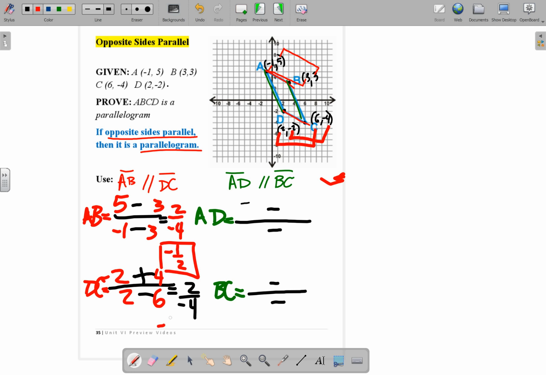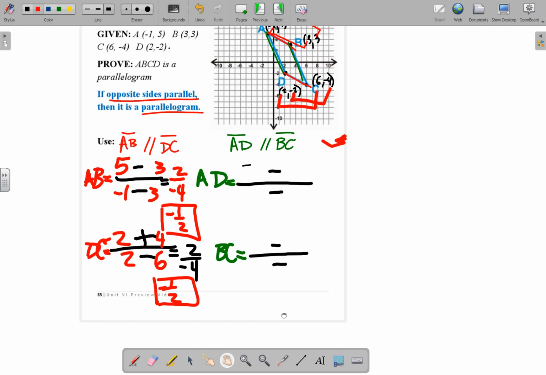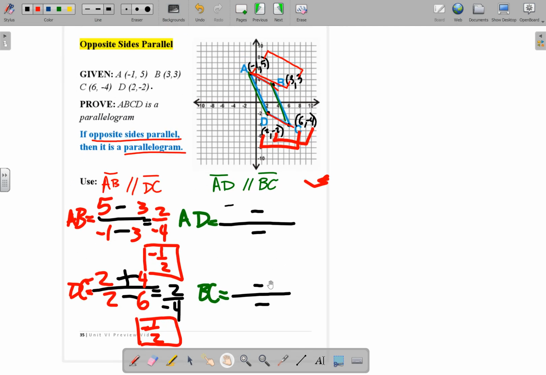And again, you have -1/2. So we have just proven down here that those red sides are parallel because the slopes are equal. Equal slopes, parallel sides.